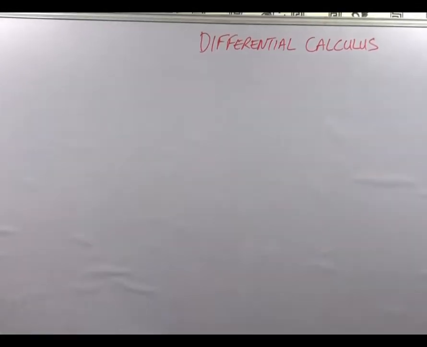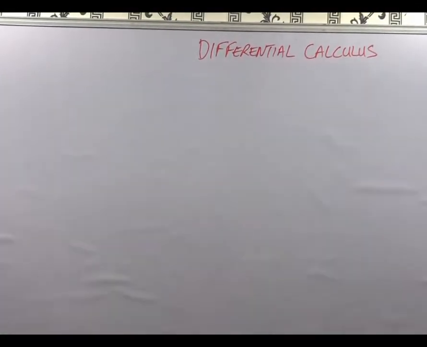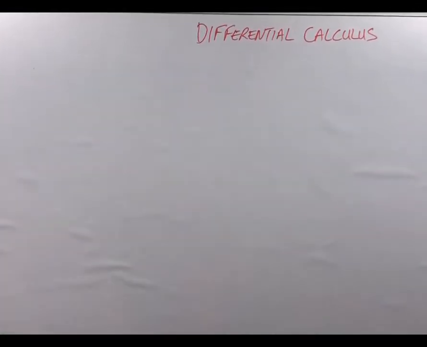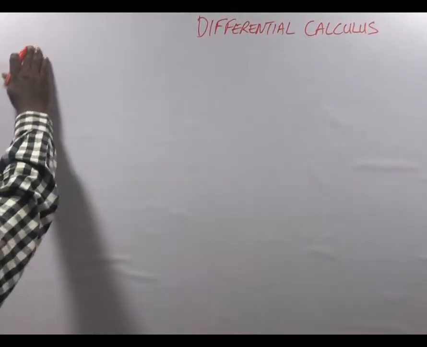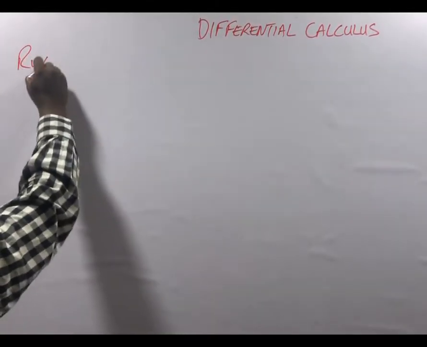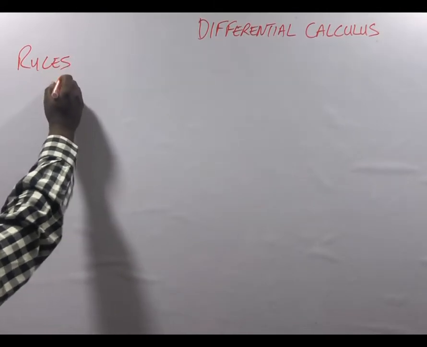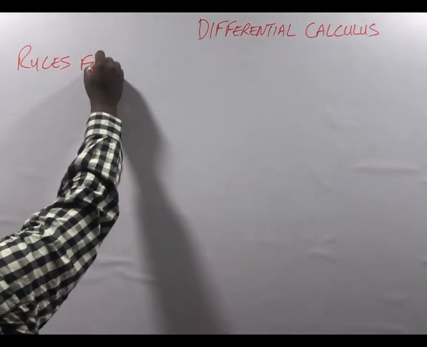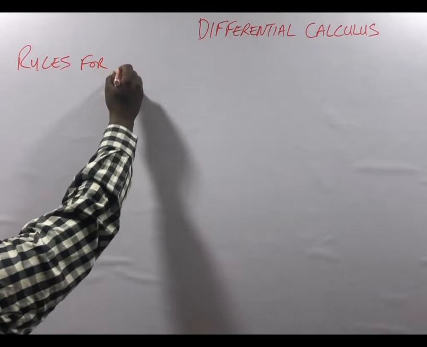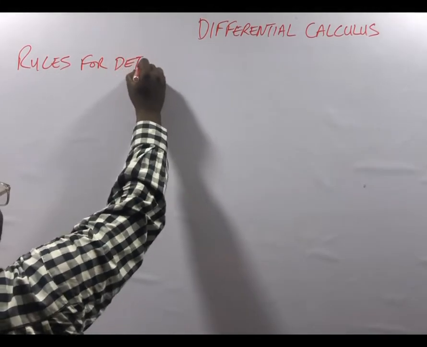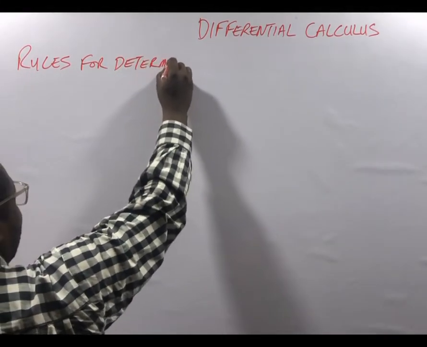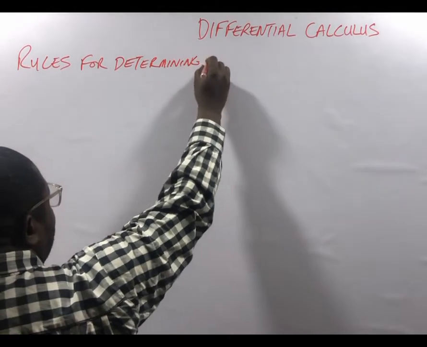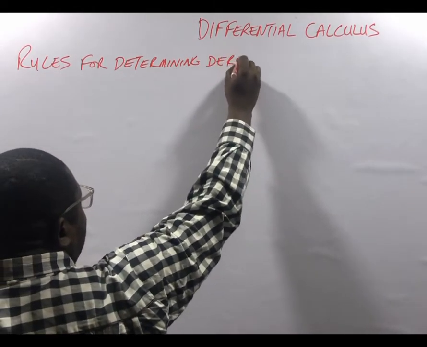Now on our board, we have a blank board here, which we're going to be filling up with what we're going to be writing. So the first thing I'll write here: rules for determining derivatives.